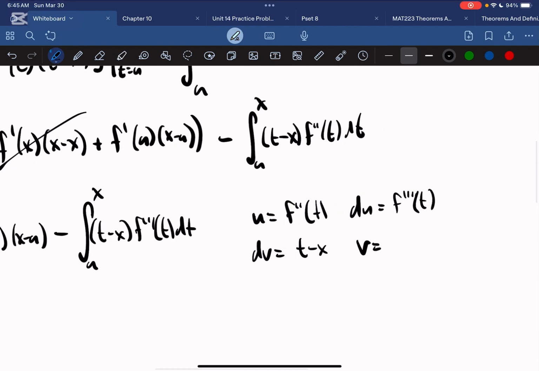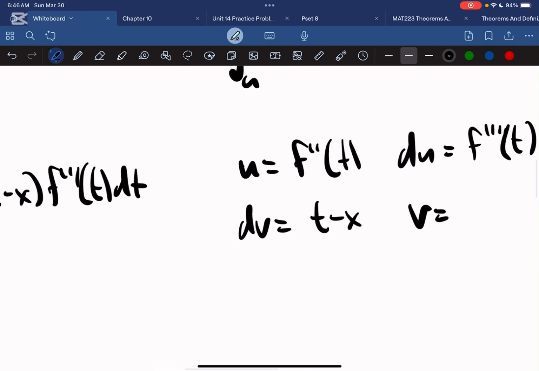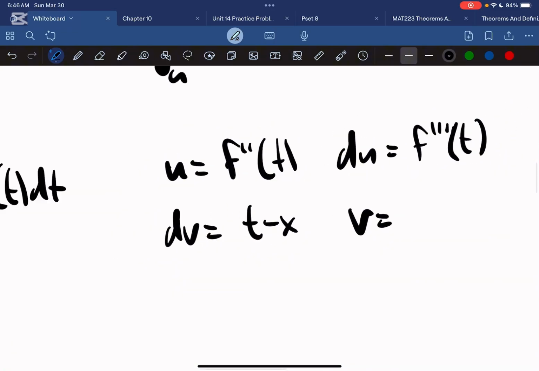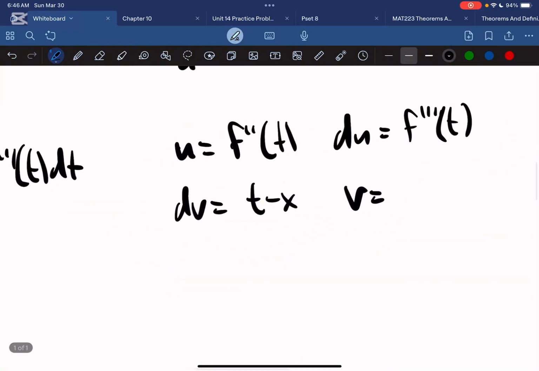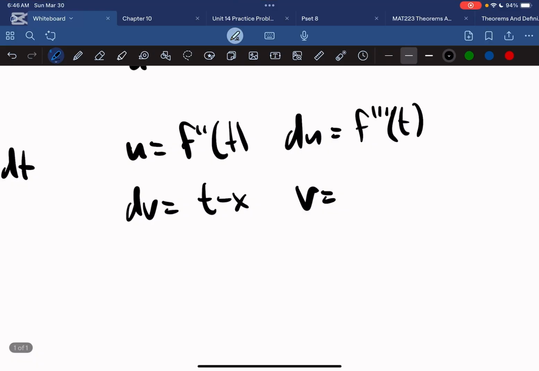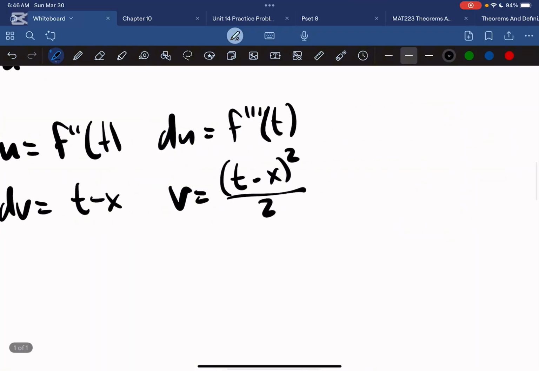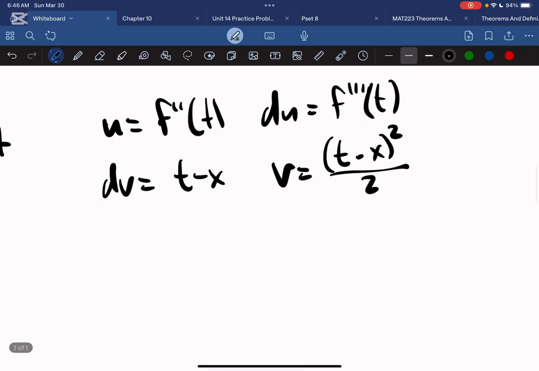And then v, here's the tricky part. We're deriving and integrating with respect to t, not x. So the antiderivative of t minus x with respect to t is (t minus x) squared over 2, because we're doing this with respect to t.